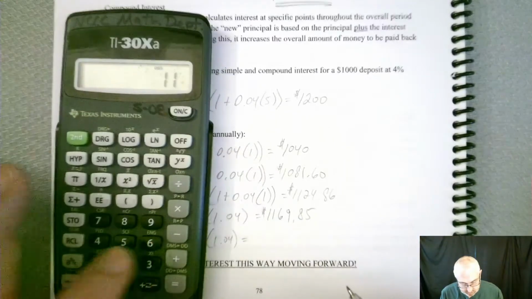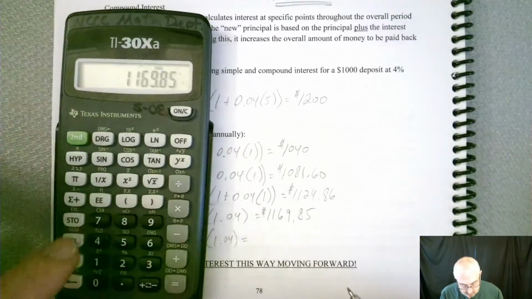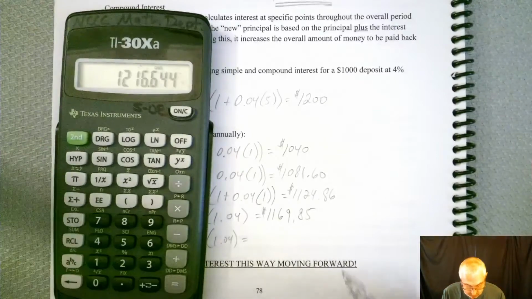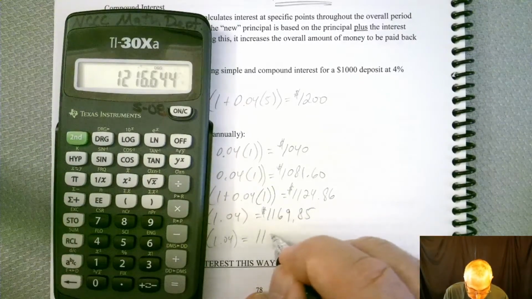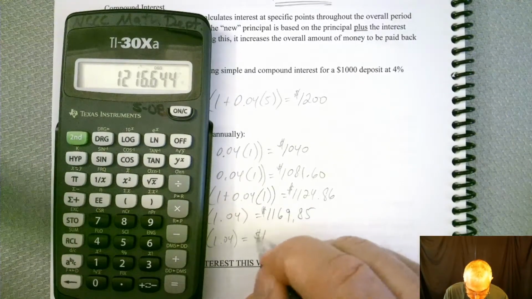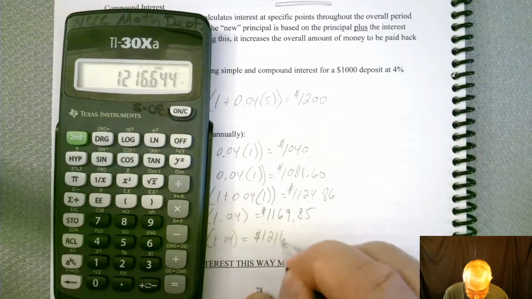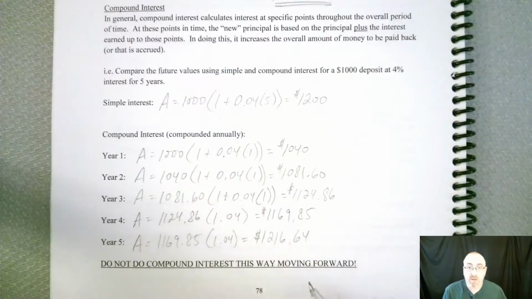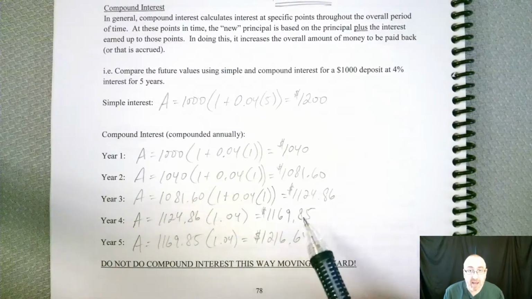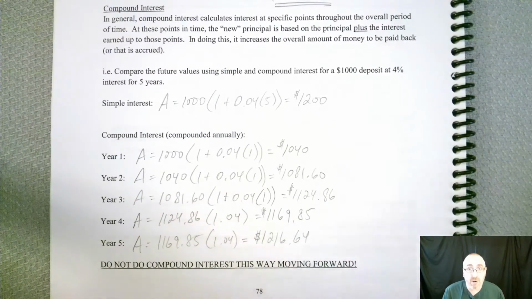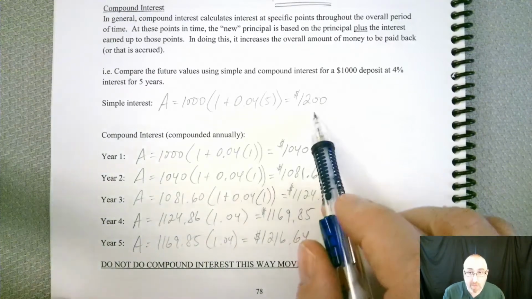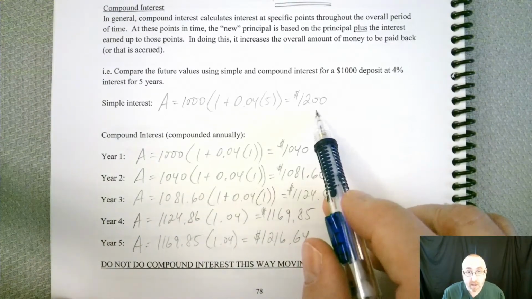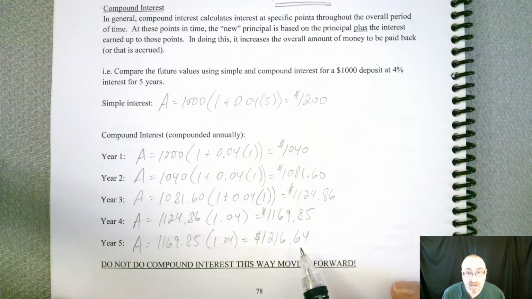So 1169.85 times 1.04 equals $1,216.64. So in this case, by compounding it annually, we've actually increased the bottom line. So here we only made $1,200, but here we made $1,216.64.